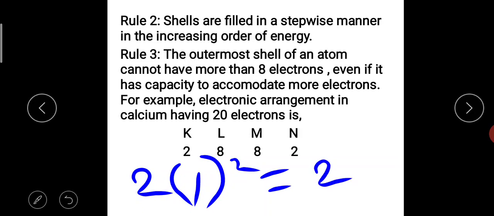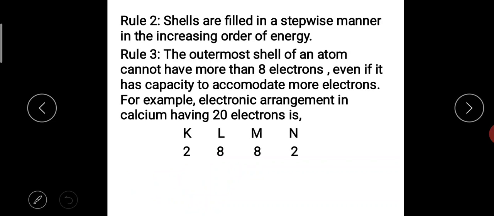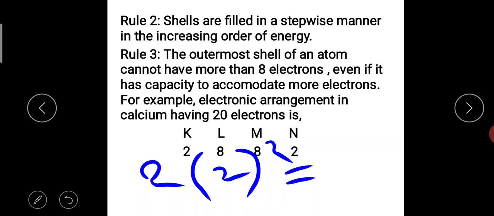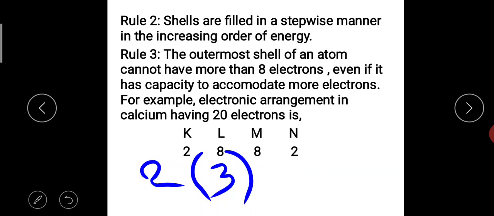Let us do it for the L shell: 2 into 2 square, 2 square is 4, 2 fours are 8. Is it clear, children? For the M shell, 3 square is 9, 2 nines are 18. I have typed it wrongly here, so it will be 18.